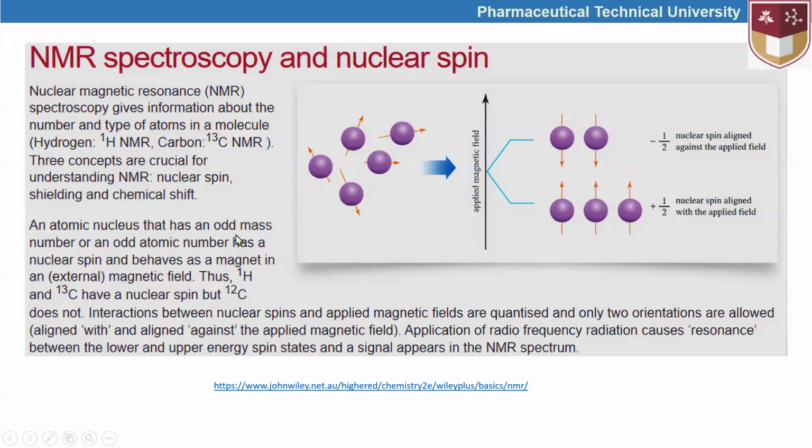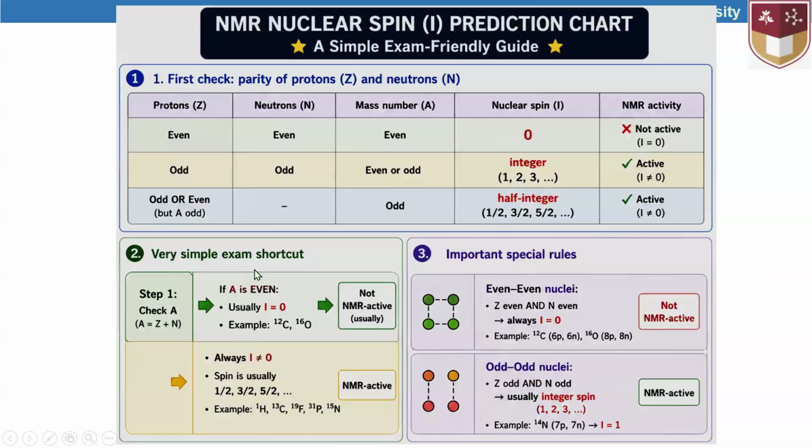An atomic nucleus that has an odd mass number or an odd atomic number has a nuclear spin and behaves as a magnet in an external magnetic field, like, for example, hydrogen 1 or carbon 13 have nuclear spin, but not carbon 12. Here we can understand more about this. If the number of protons is an even number and the number of neutrons is an even number, so their mass number is even and their nuclear spin equals 0.